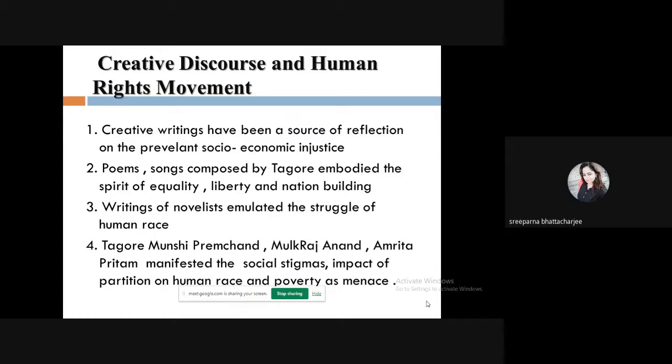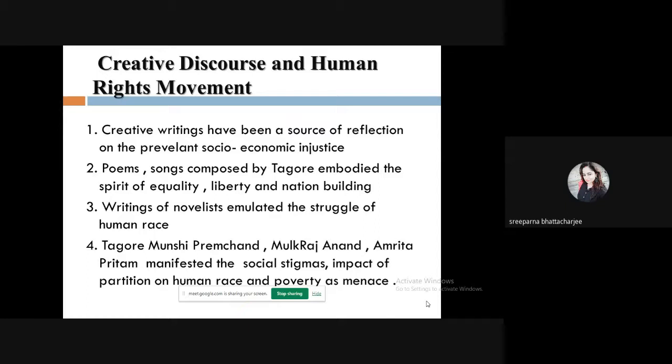It also spoke about aggressive nationalism, what the significance of nationalism is, and even during the Bengal division of 1905, what kind of creation he had. So these are some of the things which compel one to believe that creative discourses have a role in organizing human rights movements, because they inspire.